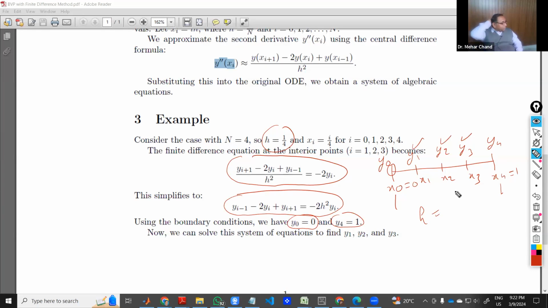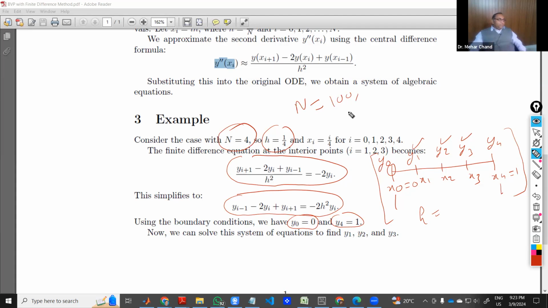As you know, the smaller the size of h, the more accurate the value. Here n is equal to 4, but when we implement, we will choose n equal to 100 or more.